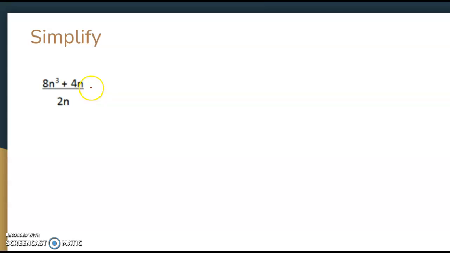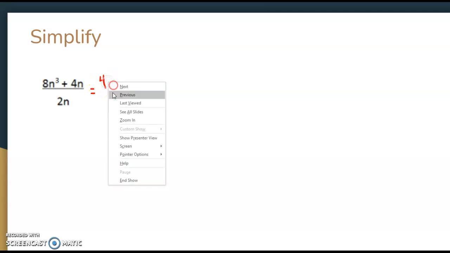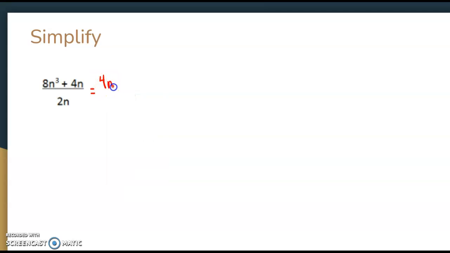So here, we're going to factor both the numerator and denominator. So I'm looking at my numerator and I'm thinking, is there a GCF that goes into 8n cubed plus 4n? Okay, well, that is 4n can go into both of those, which leaves me with 2n squared plus 1 as my leftovers.